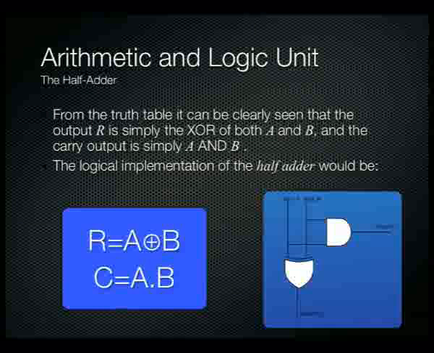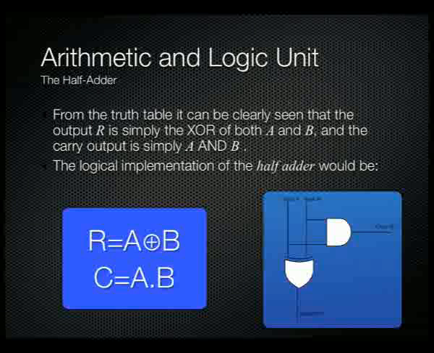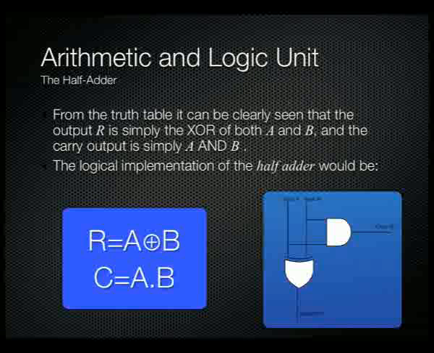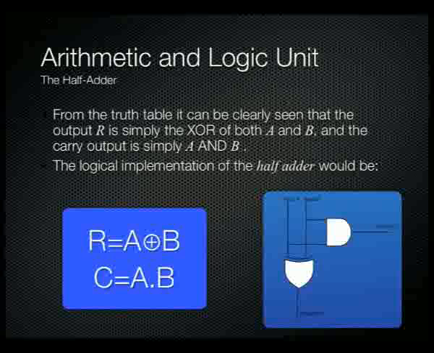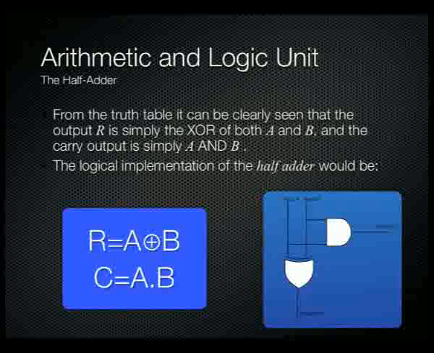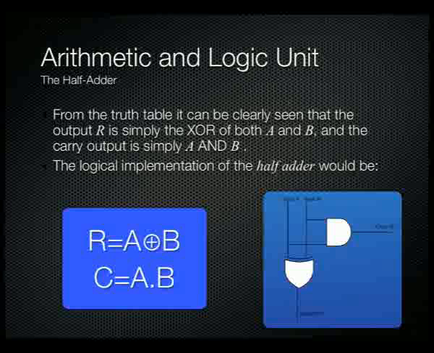When it comes to working out what digital gates live inside the half adder, it's quite clear that the result is simply an XOR. If A is 1 and B is 0, you get 1 as the output, and the inverse is also valid. So if one of them is 0 and the other is 1, our result will be 1.